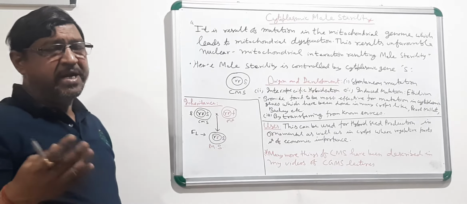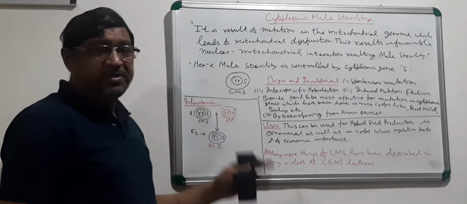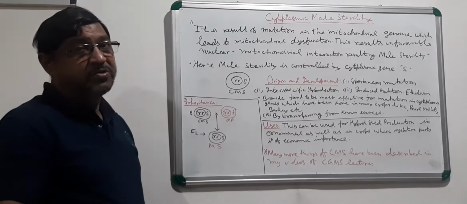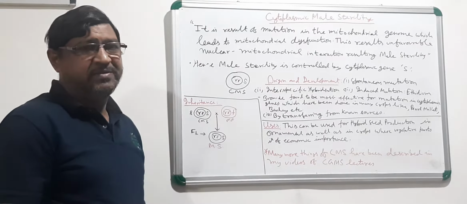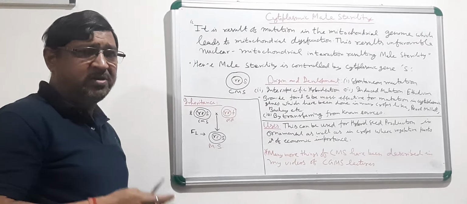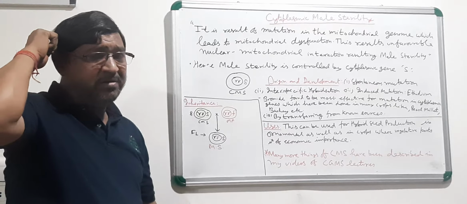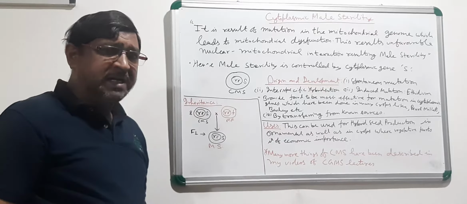So in grain crops you cannot utilize the CMS system; for that you have to go to the CGMS system. As you know, CGMS and CMS have no difference. Once you know the restorer genes in the crops, the same CMS system becomes the CGMS system once you utilize fertility restorer pollinators.